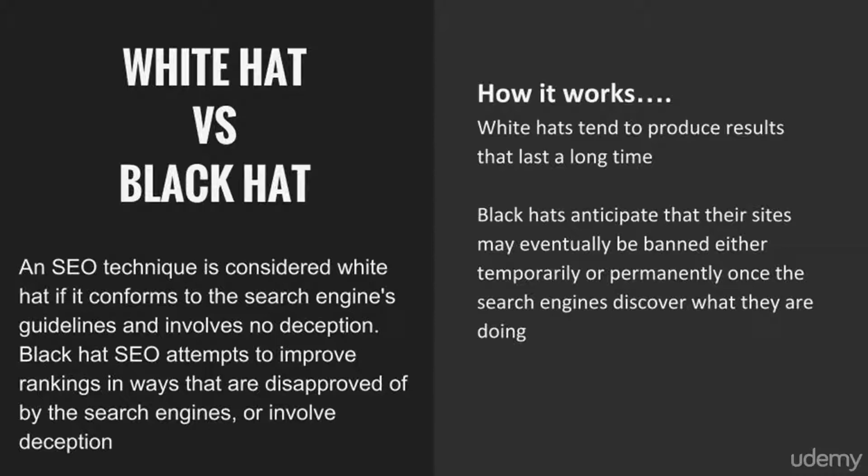Black hat is doing anything from duplicating content to stealing content off of other sites, to cloaking, redirecting, stuffing keywords, links, and there's a whole bunch of techniques that people have come up with.